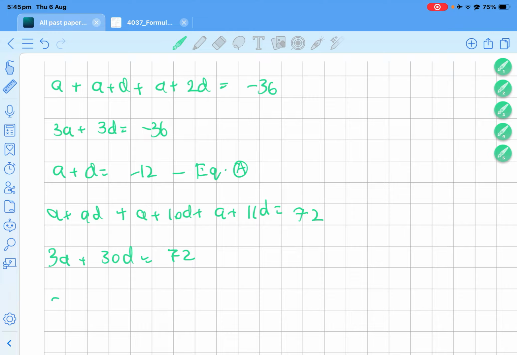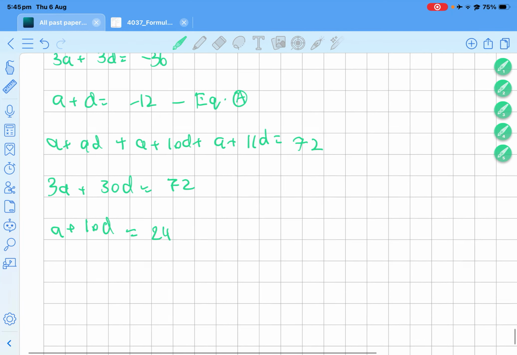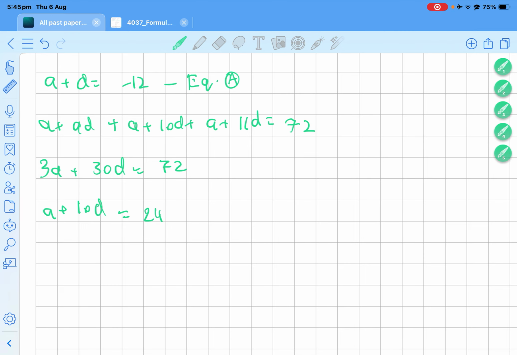So we know that a plus 10d is 24. If I call this equation B, and I subtract A from B, I know that 9d is 36, so d is equal to 4.